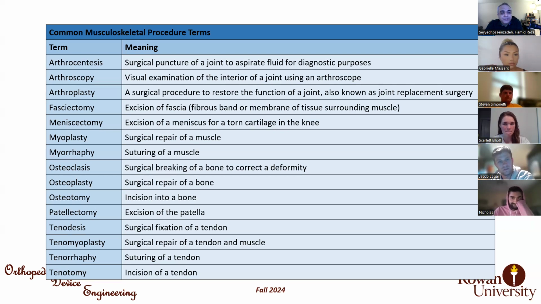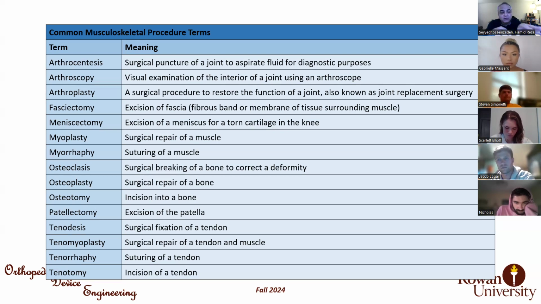Osteoclasis means breaking the bone to correct a deformity. For example, a bone is bent, we break it. This break in the bone is called osteotomy. And then we correct the deformity.